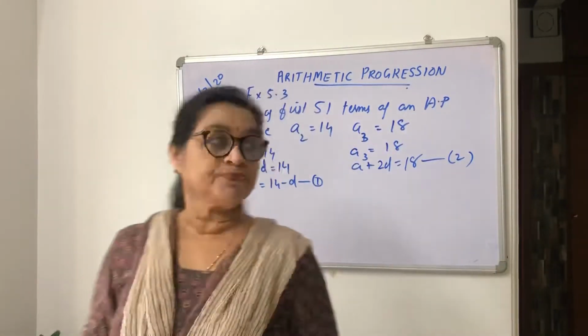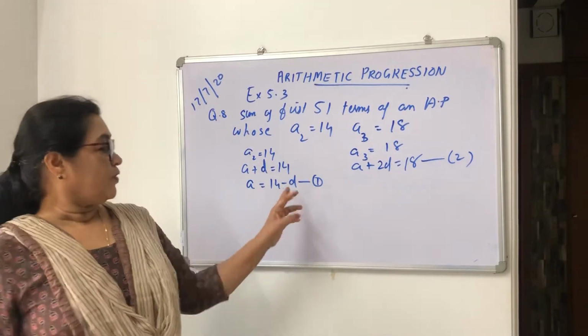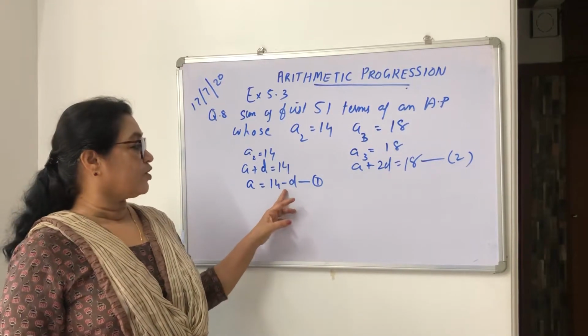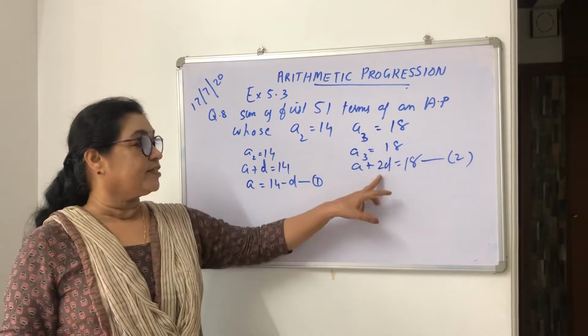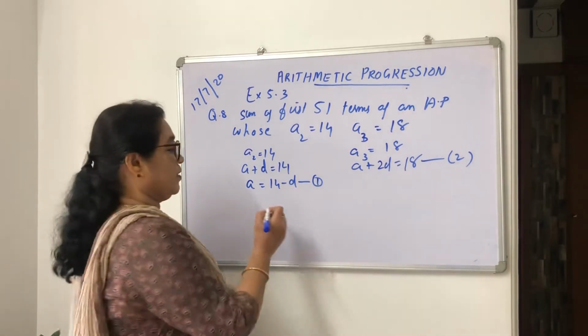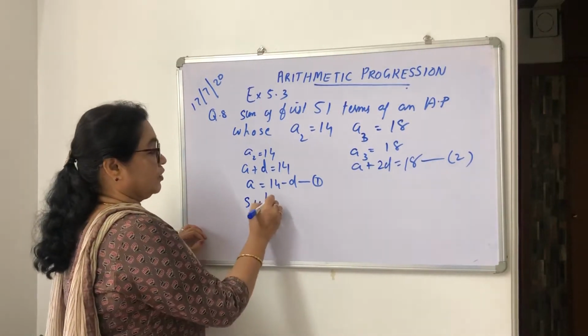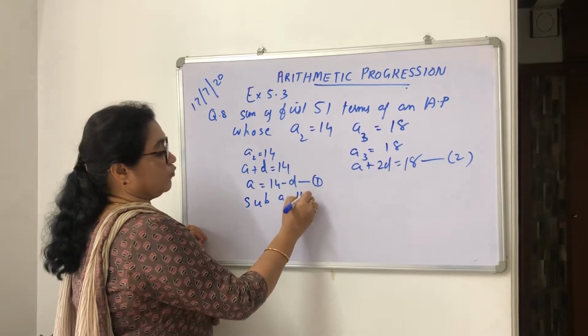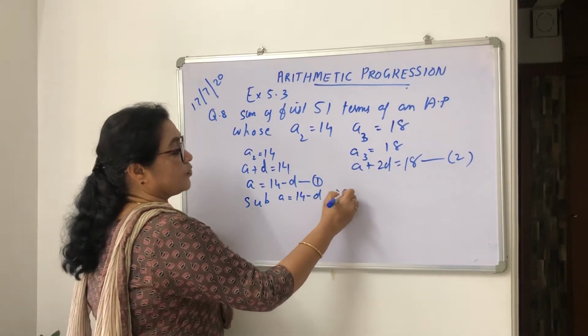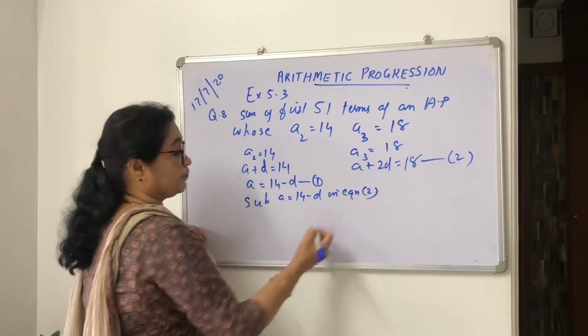So here you can substitute A is equal to 14 minus D in equation 2.